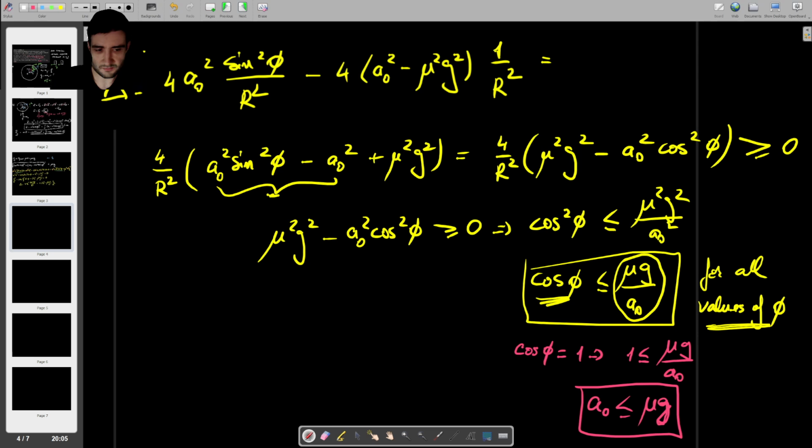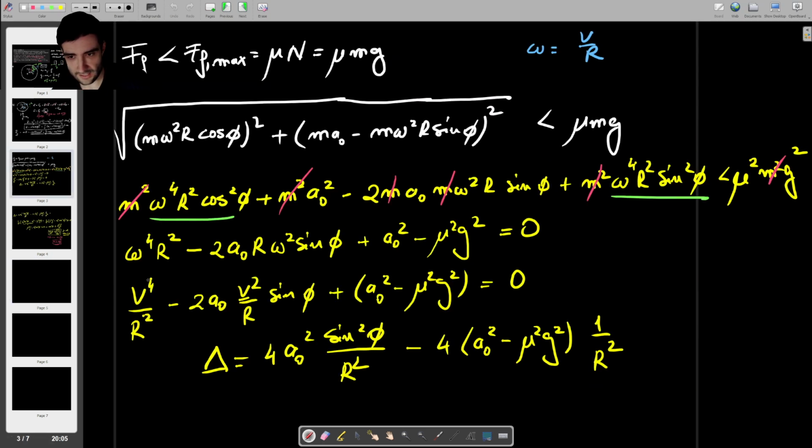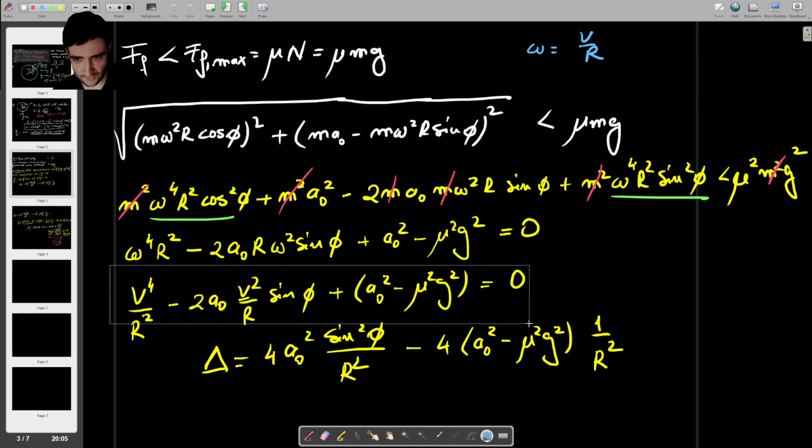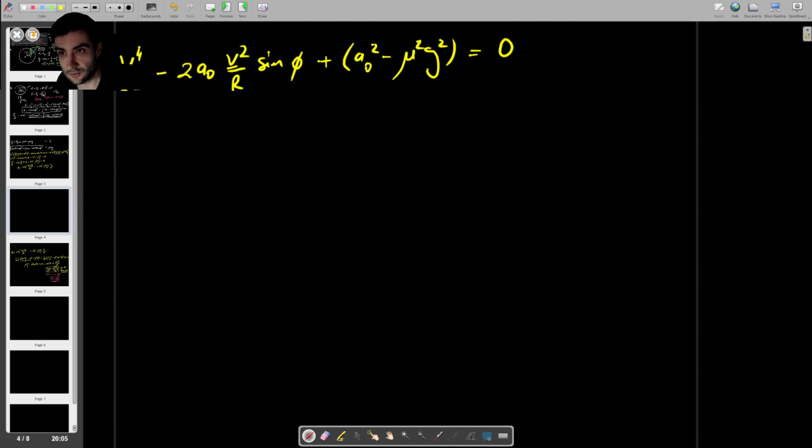Yeah, so this makes sense because otherwise, if the acceleration is higher than mu times g, then the car won't be able to not slip, essentially. So we're going to keep this in mind, and we're going to try to find what v squared is, therefore. So we have this nice quadratic here, which we're going to make use of in a second. So I think this one was r squared, and we found a discriminant.